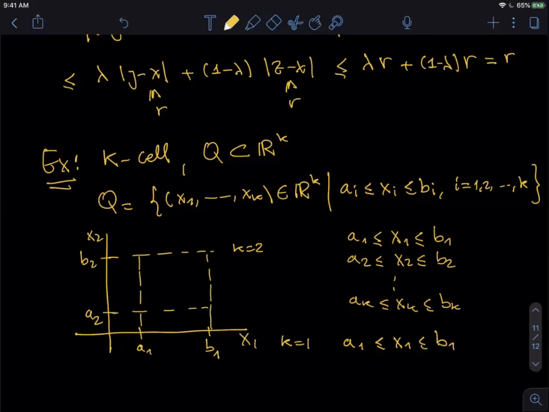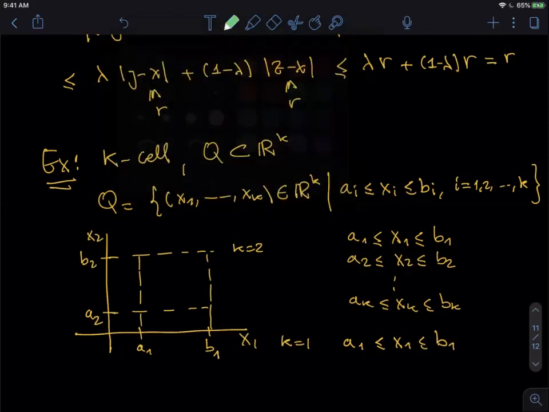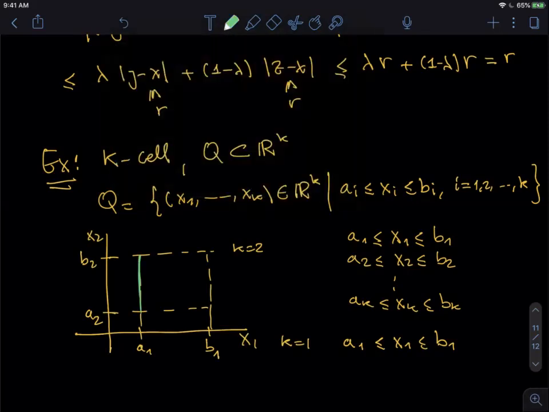So all the points that are in between those two are all the points that are contained in this rectangle. So this is my Q in this case. So in dimension 2, the k-cells are rectangles. And if we go to dimension 3, we have a rectangular prism. It's a shoe box, okay? And in higher dimensions, it's the generalization of a rectangular prism.